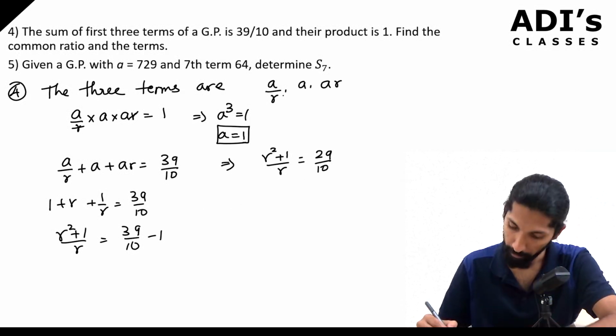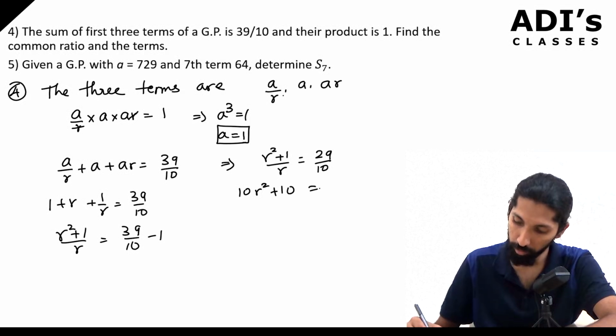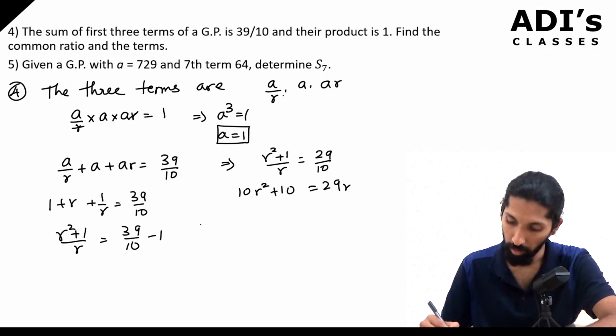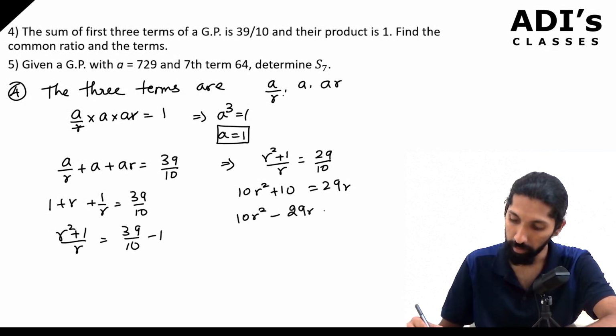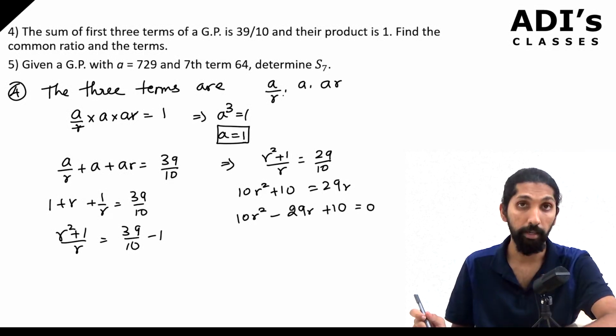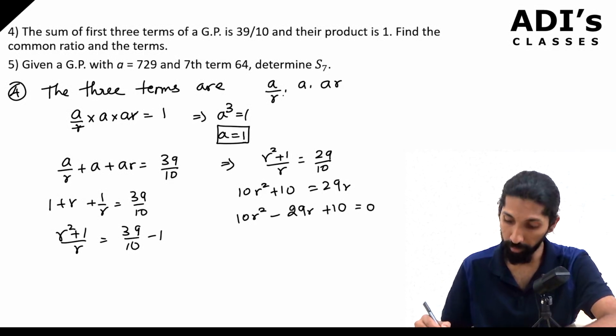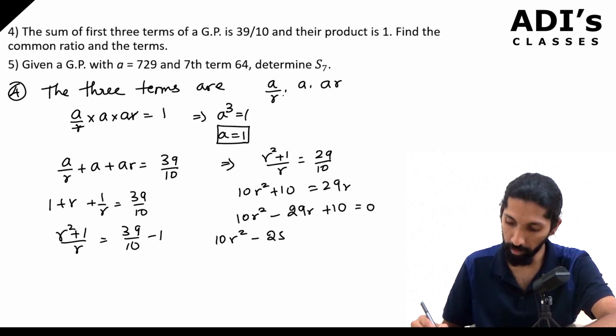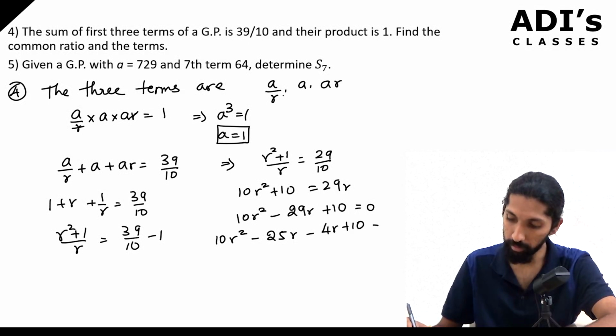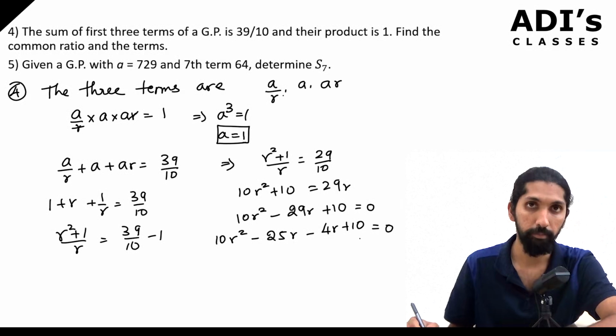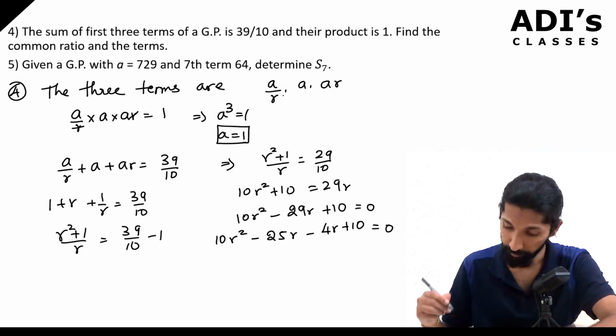Cross multiply. 10R square plus 10 is equal to 29R, or 10R square minus 29R plus 10 is equal to 0. Correct? So 29, which you can split as 25R plus 4R, with 10 times 10 is 100, and 25 into 4 is 100.